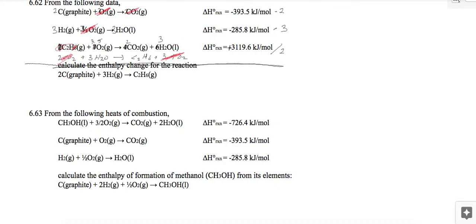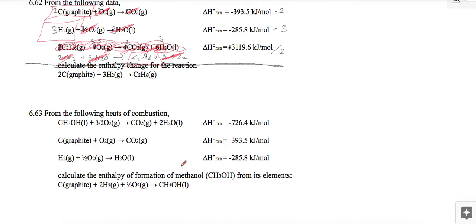I'm going to get rid of this here, because that's messing me up. This one is no longer important to us. And our 3 waters cancel here. We're left with our graphite, our hydrogen, and our ethane. All right, so there's that one.